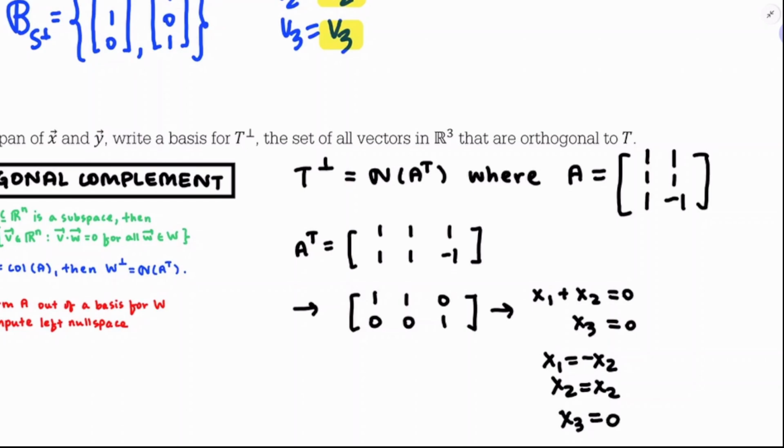So if I factor out x2, I would have the vector negative 1, 1, 0. You can check and see that that one's orthogonal to both x and y. Totally. And then also, that's going to be a basis for T perp.